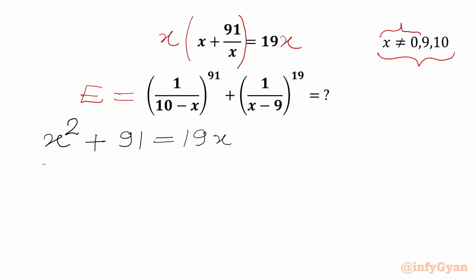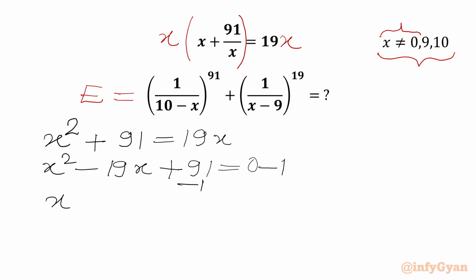Take all the terms to the LHS: x² − 19x + 91 = 0. Now we will subtract 1 from both sides. Minus 1, minus 1. 91 minus 1 is 90. Let's write x² − 19x + 90 equal to negative 1.